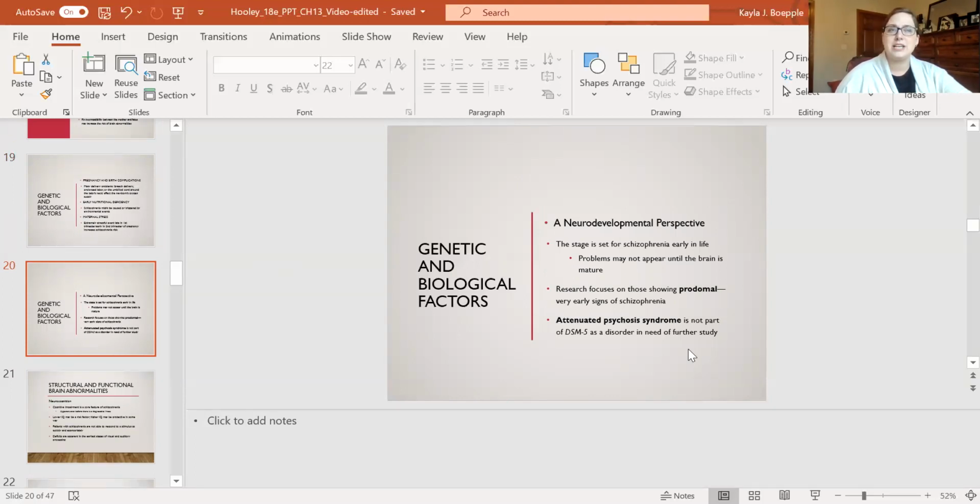You're going to have many of the same symptoms of schizophrenia, but not to the same level. It currently is in the DSM-5 as a disorder in need of further study, but it is not currently a diagnosis in the DSM-5 yet. We may be seeing that in future editions of the DSM though.